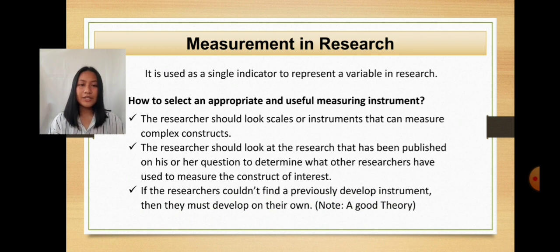If the researchers couldn't find a previously developed instrument, then they must develop their own. So, overall, kunyari, yung research question mo, same interest kayo nung na-publish na, pwede mo yung gawing guide para ma-measure yung mismong interest na gusto mong ma-measure.